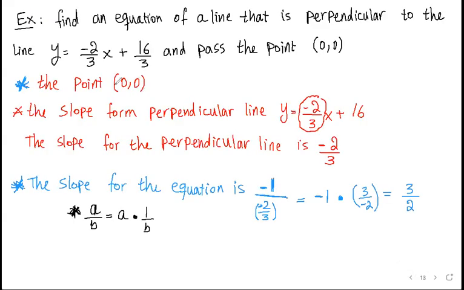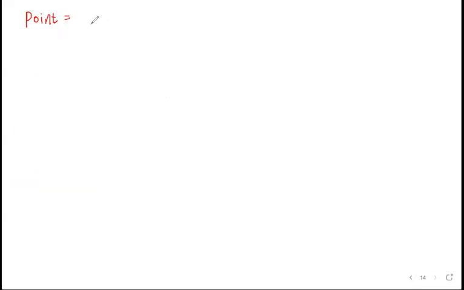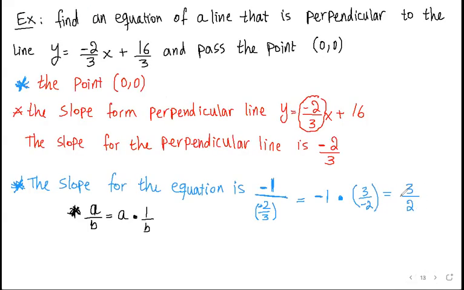So now the equation: y minus, again, the point is 0, 0. The slope is 3 over 2, this one.